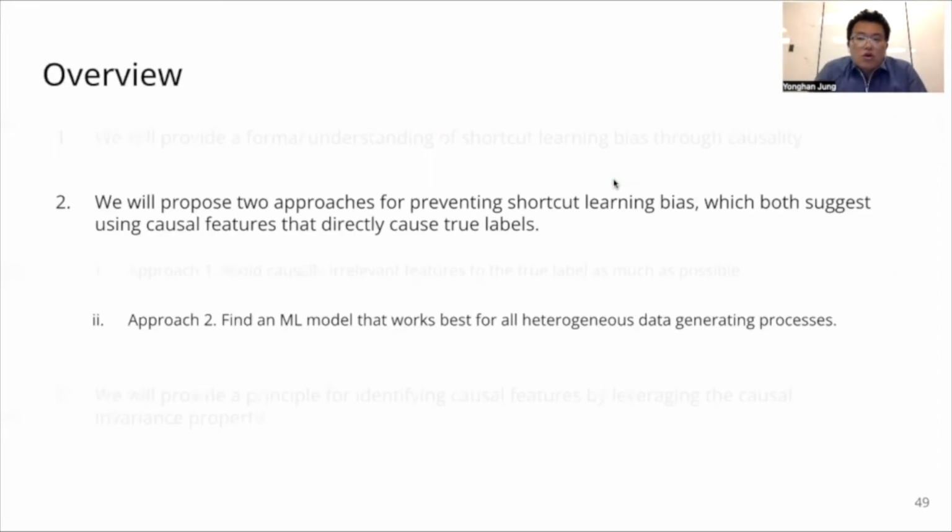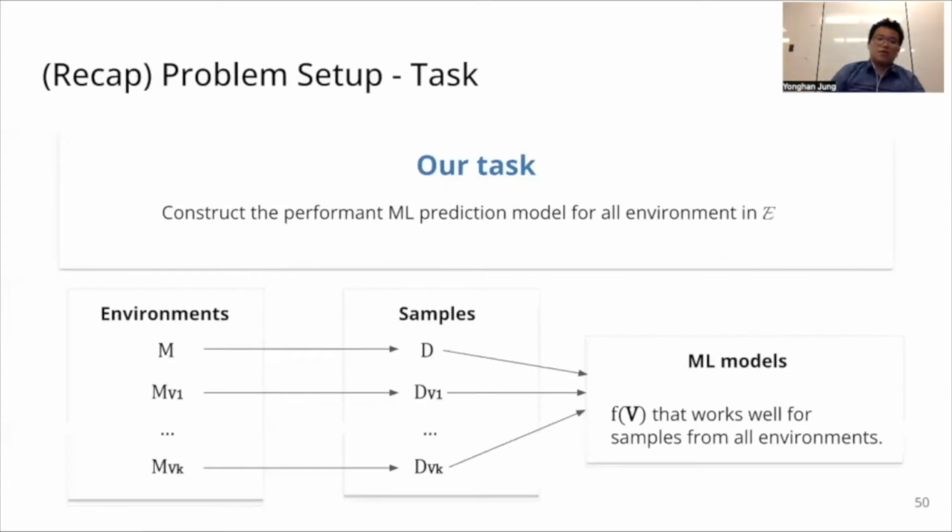Okay, this was our first approach, and now we will go to the second approach, which is finding a machine learning model that works best for all heterogeneous data generating processes. So we first recap our problem setup. Our task is to construct a performant machine learning model that works well for all environments.